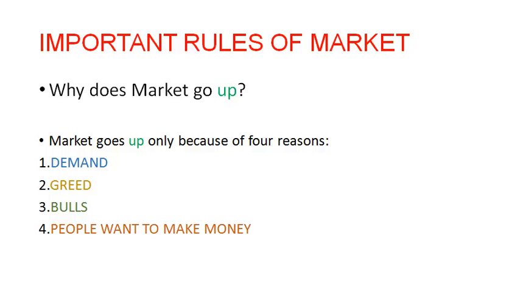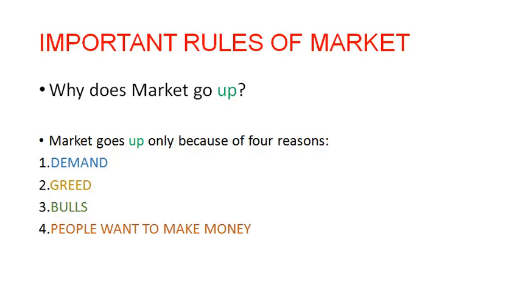And finally, the market goes up because people want to make money. Now, what is the meaning of that statement? The only reason why people are in the stock market is because they want to make money. There is no other reason why people come into the stock market; they do not come to play around.